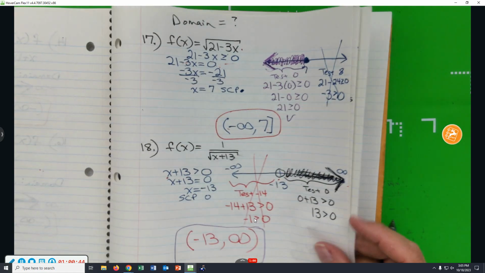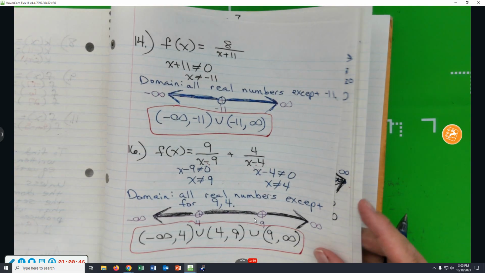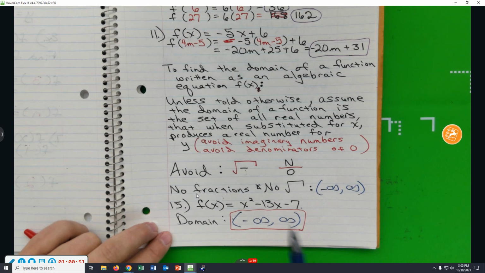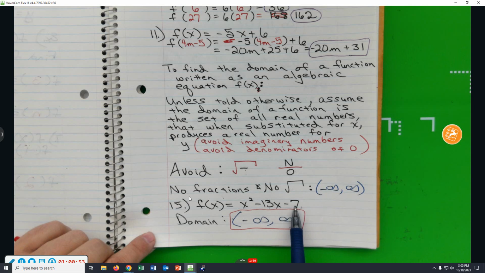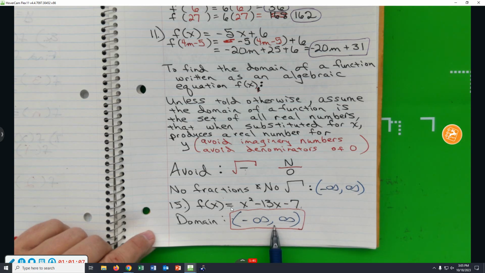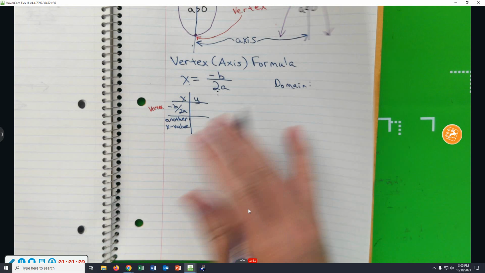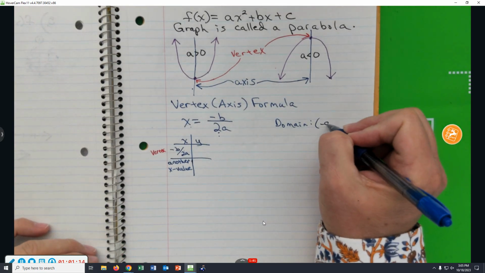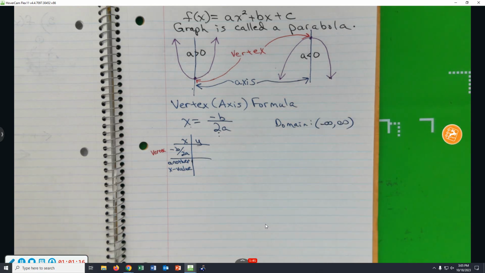I'm going back to the last one. Isn't this a quadratic function? Ax squared plus bx plus c. What was the domain? No fractions, no square roots. The domain is all real numbers. So it doesn't matter what the quadratic function is. The domain will always be all real numbers.